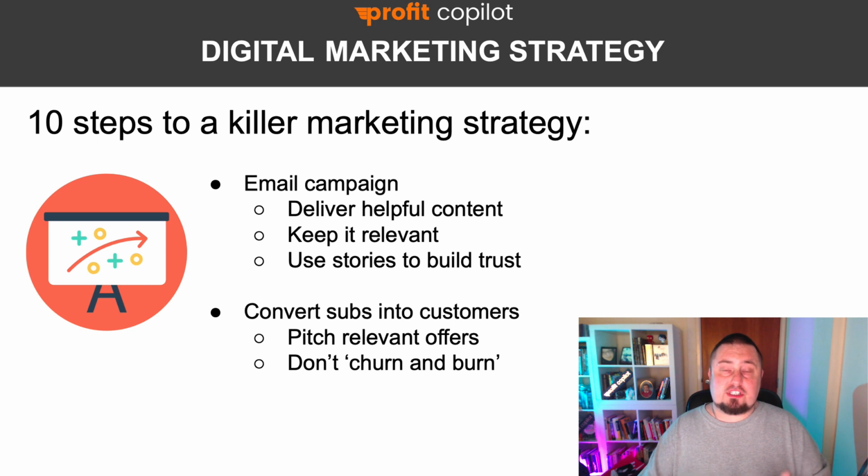And it's a low pressure, non-hypey, laid back kind of way to sell. And it works. And it keeps people subscribed. It keeps them engaged with what you're doing because they trust you and they know that you're on their side. You're not just trying to get as much money out of them as you can. So avoid the temptation to churn and burn, because if you do the churn and burn thing, you'll notice that you are constantly trying to get new leads into your email funnel.